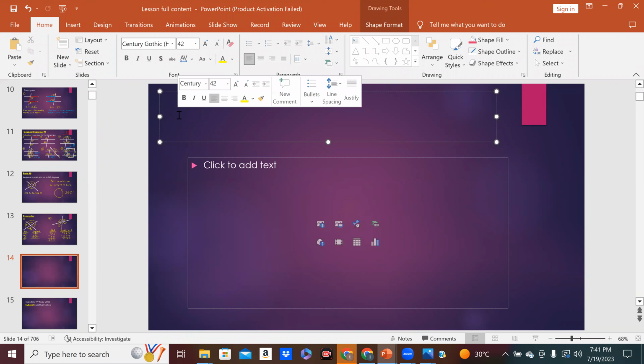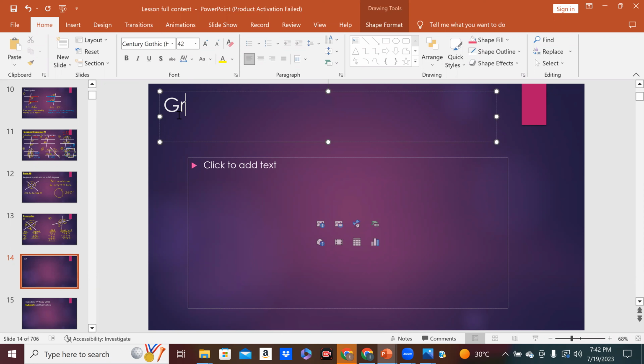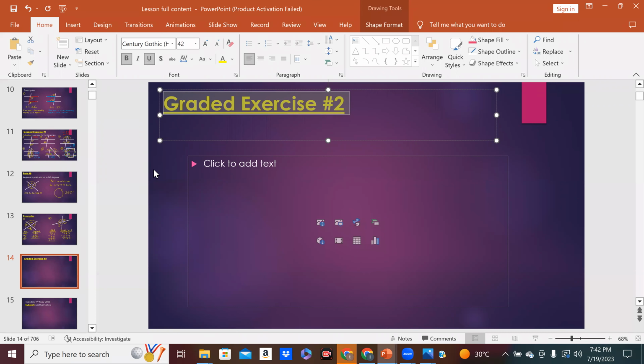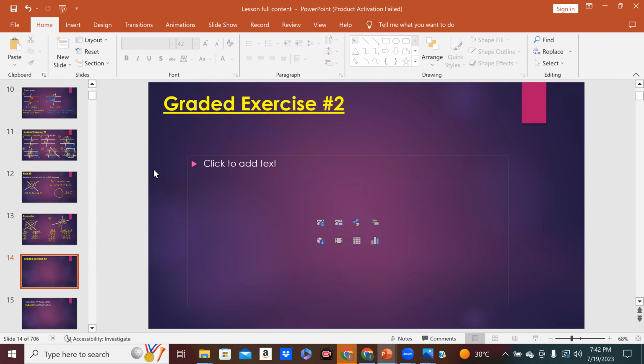So we have graded exercises. This is graded exercise number 2. And we're using the same principle: angles at a point add up to 360 degrees. We're using that same notion.